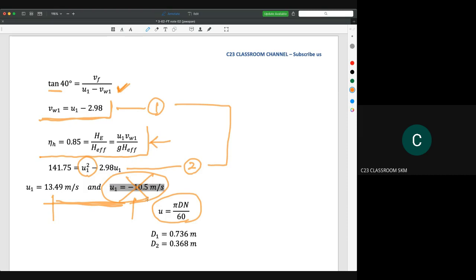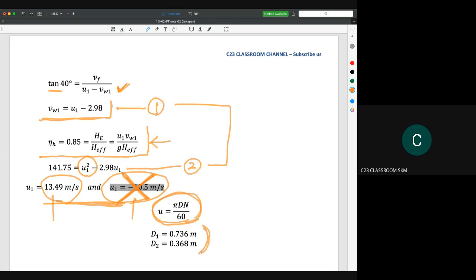If the value is around 13 meters per second, it is okay, but if the velocity is 0.1 meter per second, or too big, maybe 90 meters per second, please neglect the too small or too big value. In this situation it's quite clear because one of them is negative, so we neglect the negative one and take the positive value 13.49. We substitute it into this equation, so we could get the diameter.